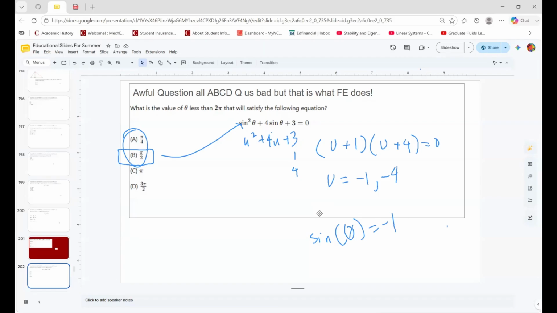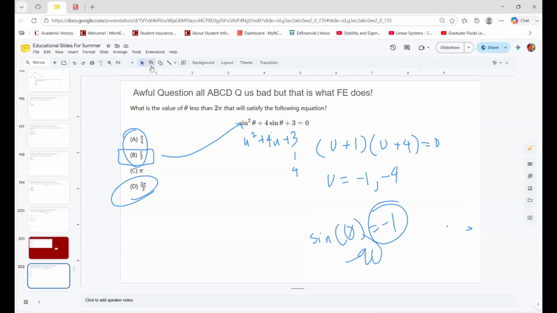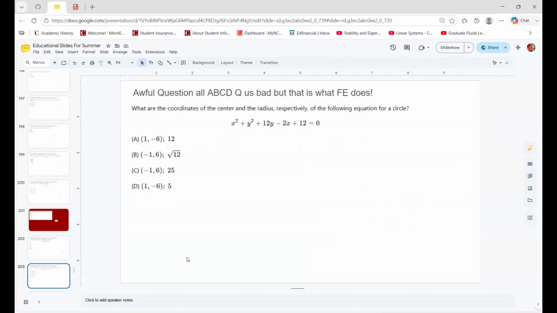Let's check 4. That's wrong. Let's check 3 pi divided by 2, which is 4.7. Yeah, sounds right. So this is equal to -90, so it's actually D. I'm so stupid. I just double checked it right now. It's D. I'm losing my touch right now, that's for sure.